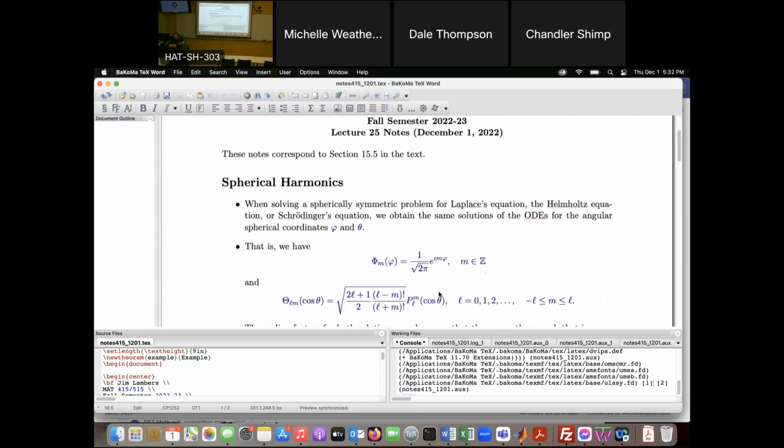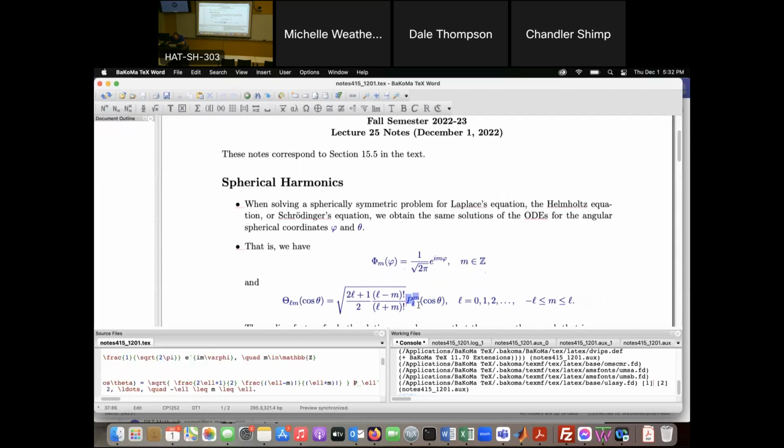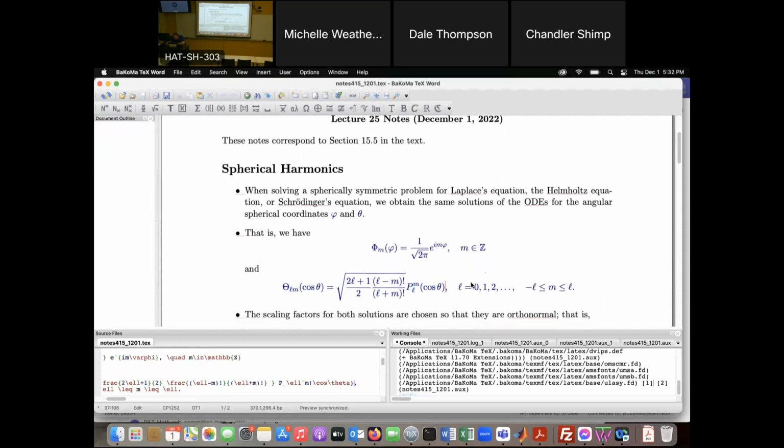Here's what we get. The solutions for the phi variable are these 2 pi periodic functions, complex exponentials, where m has to be an integer. And then for the theta part, going back to the most recent topics I've been covering, we get the associated Legendre functions evaluated at cosine theta. Now, what we've not seen before are these strange scaling factors.